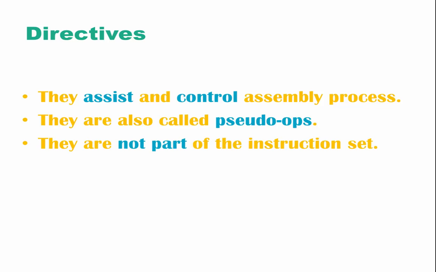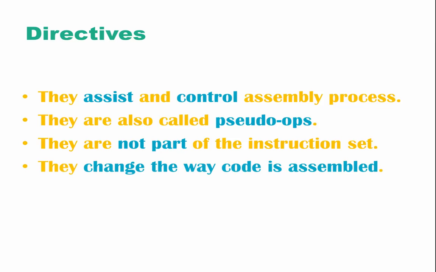They are not part of the instruction set, as we mentioned earlier. They change the way the code is assembled. So as we said, these directives that we'll talk about next are not instructions, but they affect the compilation and the way the code performs in various ways, and they are necessary for the compiling and running of programs.